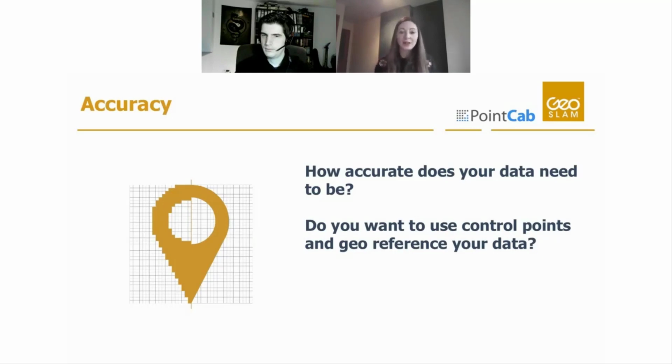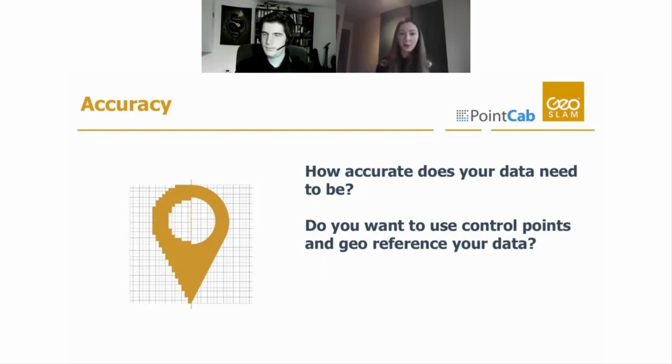For instance, we can georeference the data without modifying the point cloud accuracy with the use of a network of control points. That's called rigid transformation. Or we can adjust the point cloud to fit the control points, which would be a non-rigid transformation. When it comes to global levels of accuracy, we also have different methods of georeferencing data.